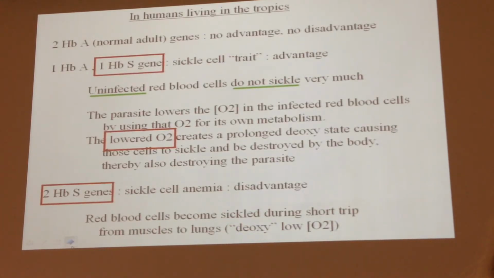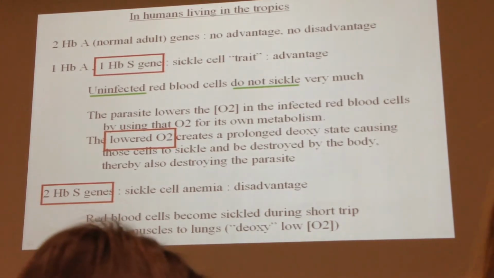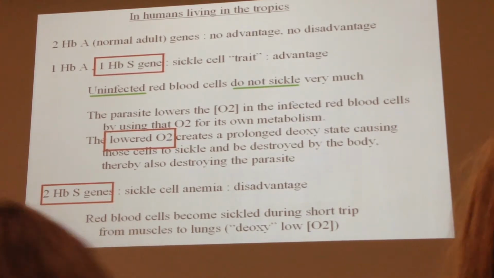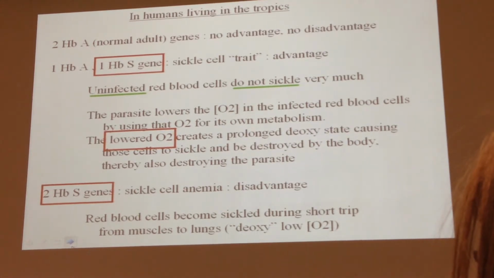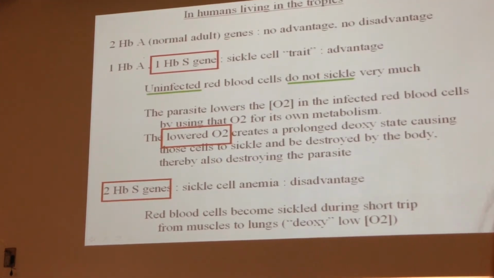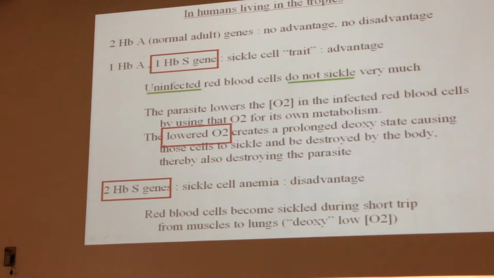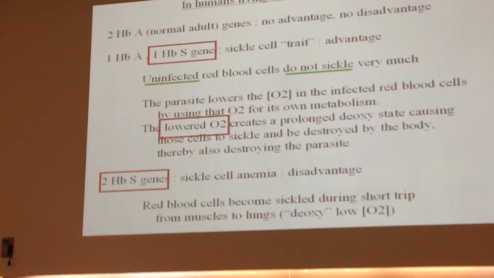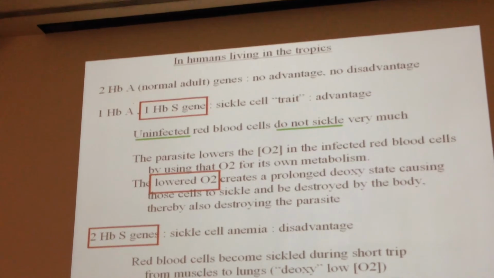And this is then the story that's important for what's going on here. Human beings who live in the tropics, who have the normal hemoglobin, called the hemoglobin A gene, the adult gene, do not have sickle cell anemia.